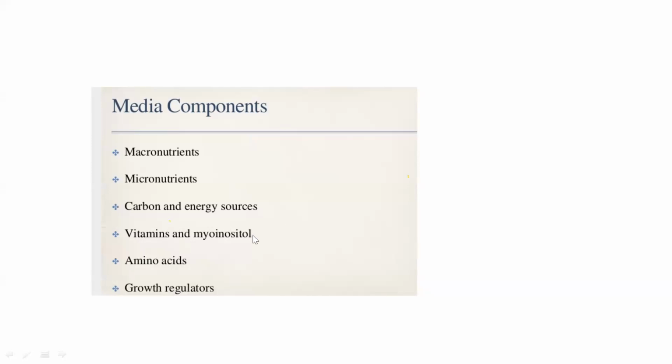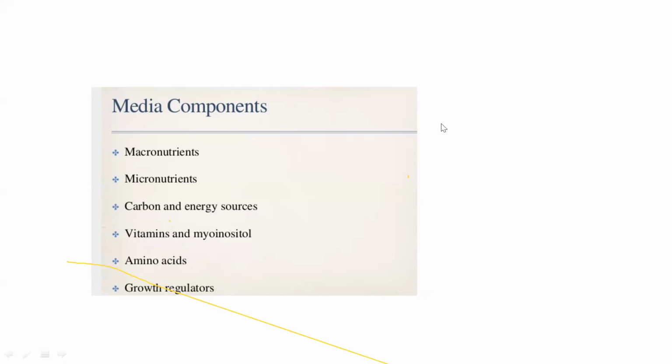So you have to use MS medium for getting a good growth of the culture, and then this is the production medium. I mean, you say growth medium, you are providing the medium for allowing the growth of the cell suspension, maintenance of the cell suspension at a particular phase.